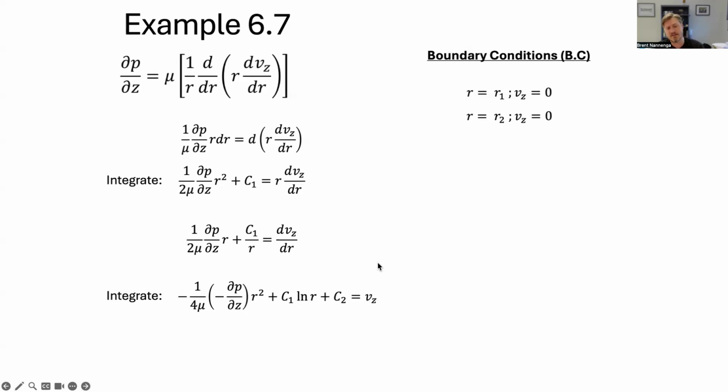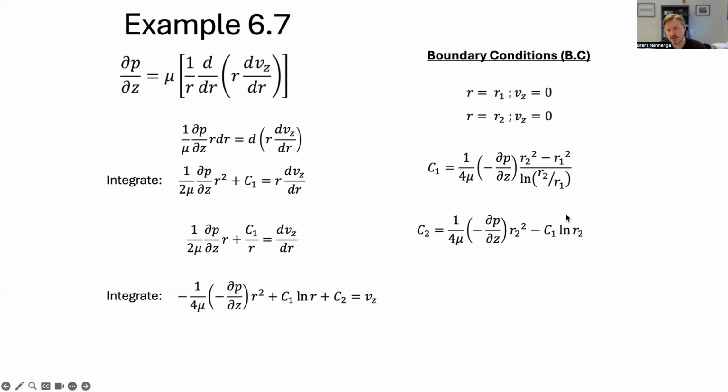Okay, so now we have Vz, and both of our boundary conditions here are Vz. So we can go ahead and solve for C1 and C2 by plugging in each of these boundary conditions. If we were to do that and solve for C1, you end up getting C1 looks like this, which looks kind of messy. C2 ends up looking like this. You can see C2 has C1 still inside of it.